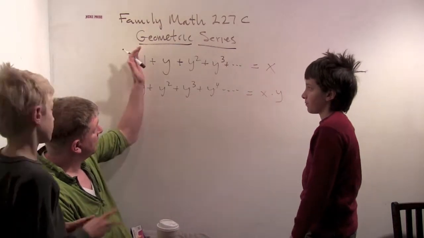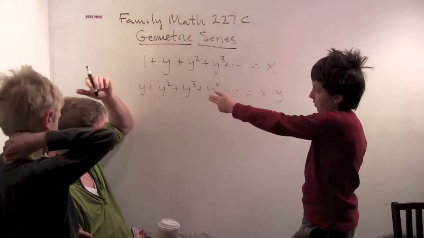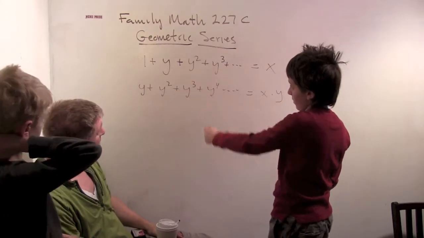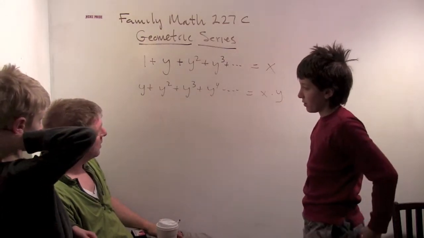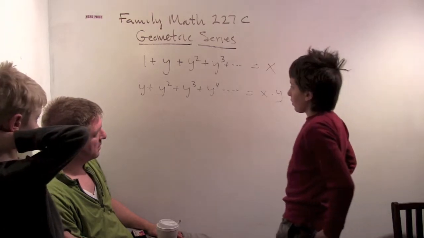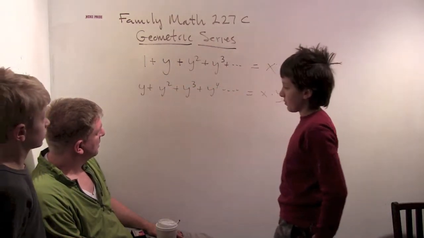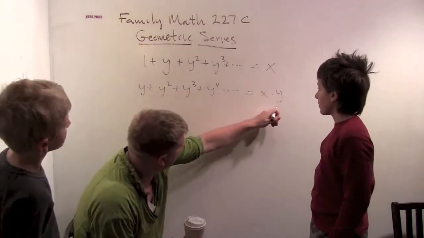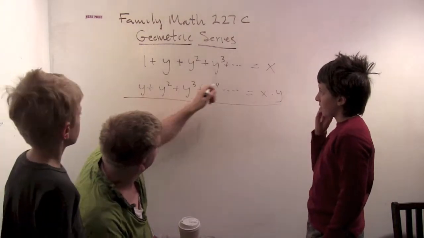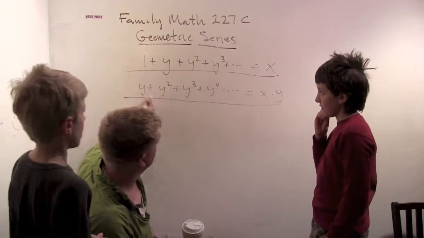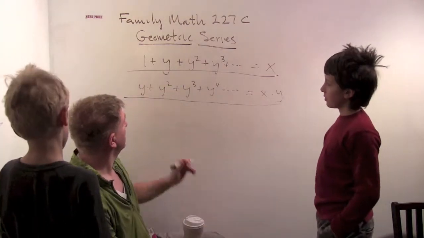But I want to keep the 1. Well, I want to subtract this x from x times y. So you want to take this equation and subtract away this equation. Yeah, that's what we've been doing. So y minus 1 times x.